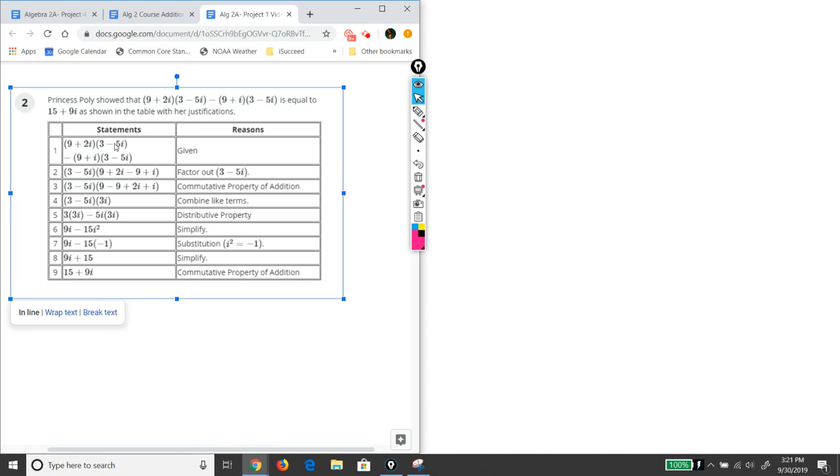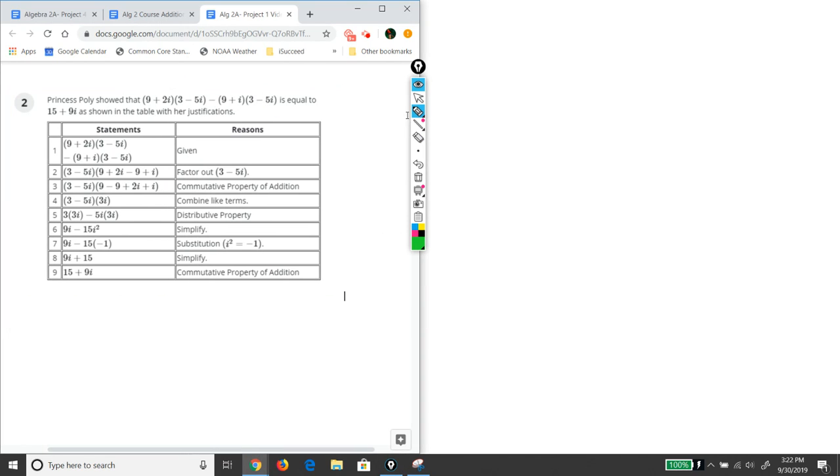Well, what did she do in this first step? She recognized that 3 minus 5i was multiplying in both sides, if you will, of this expression. It's a 3 minus 5i here and a 3 minus 5i here. So she recognized that as a common factor, and she just factored that out. So to do that, she would essentially pull it out into the front.